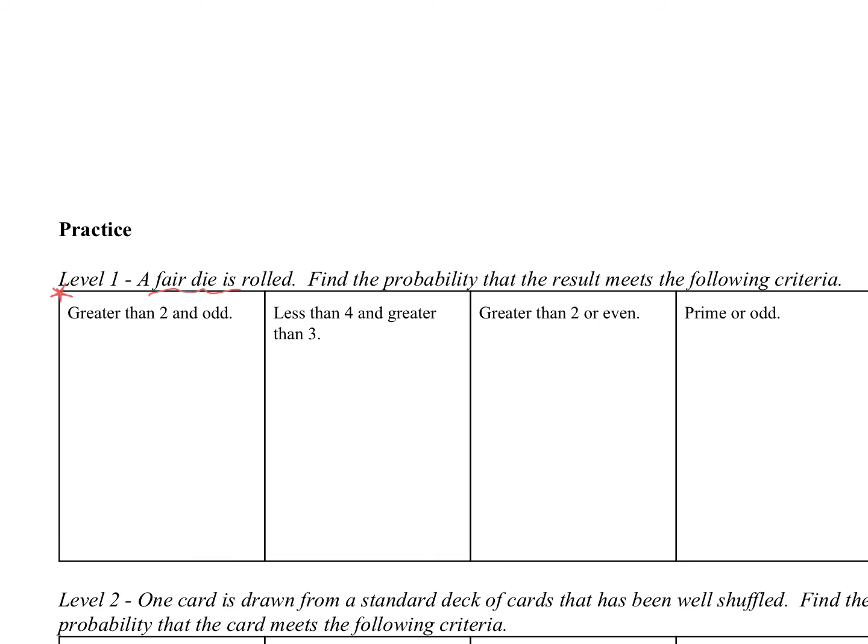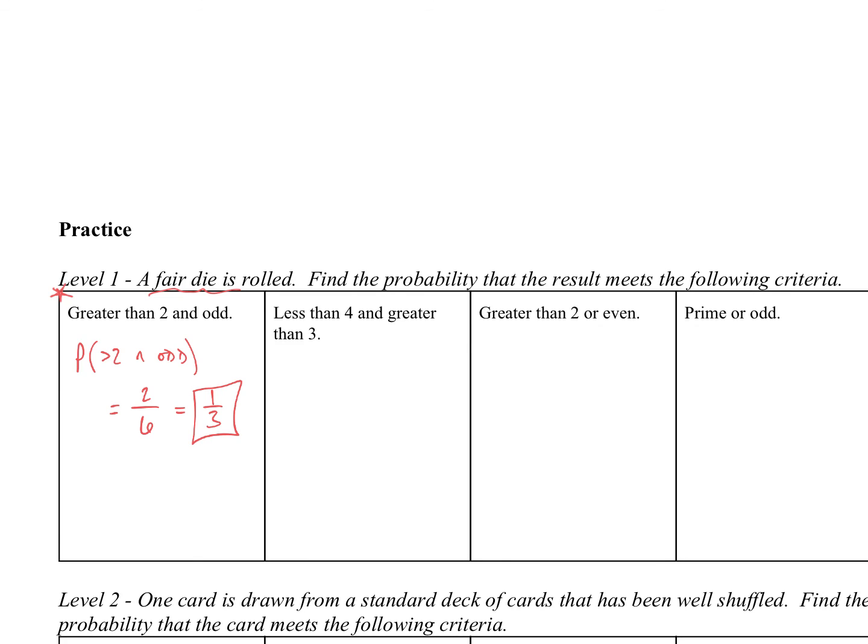So here's my calculation. On a 6-sided die, the only numbers I can think of that are both greater than 2 and odd would be 3 and 5. So there are only 2 out of 6 numbers, or 1/3. Hopefully you got that result as well.